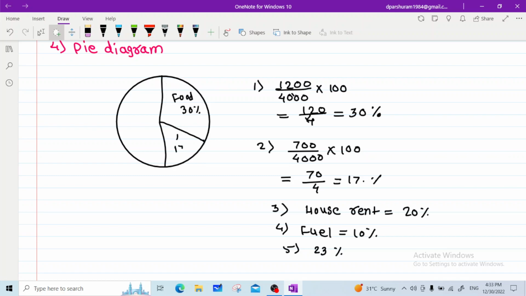So we have to give some space for clothing. Then there is house rent, that is 20%. House rent. 10% is for fuel, 10%, and this is our others, that is 23%.